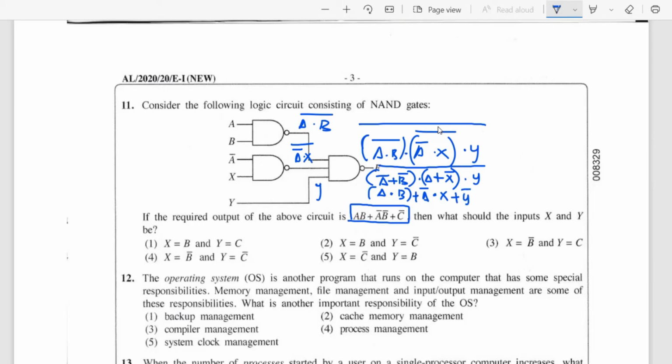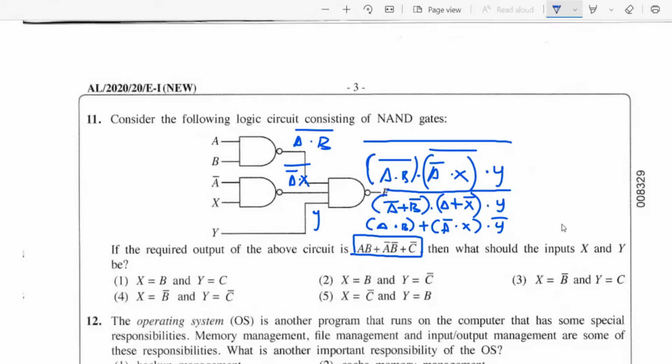Right, now we have an expression similar to the expression given in the question. දැන් අපිට ටිකක් සමාන expression එකක් ලැබිලා තියෙනවා. So A dot B, then A bar X, A bar B bar plus C bar Y bar.